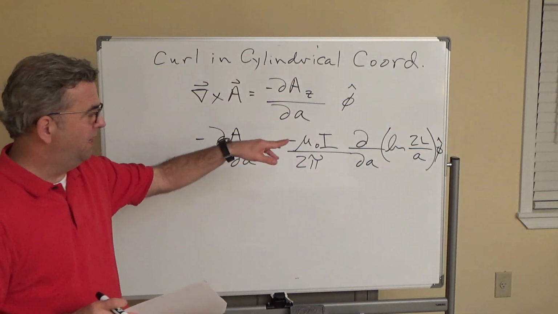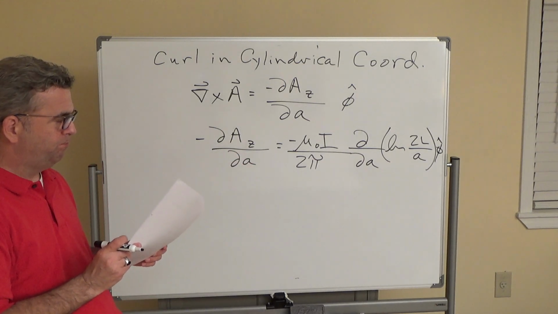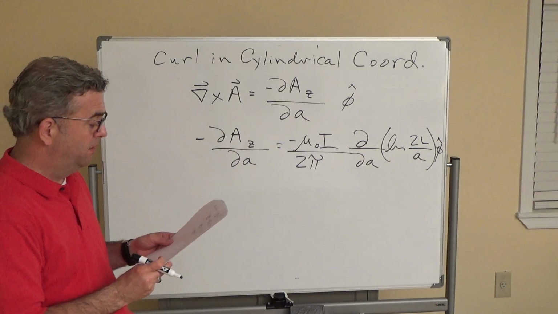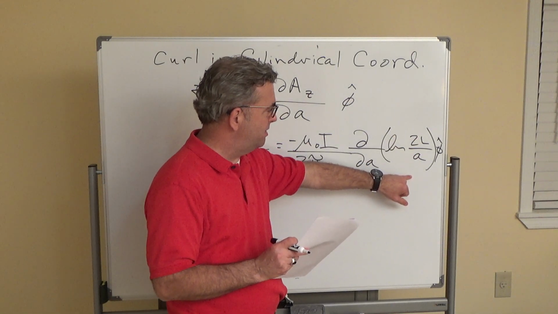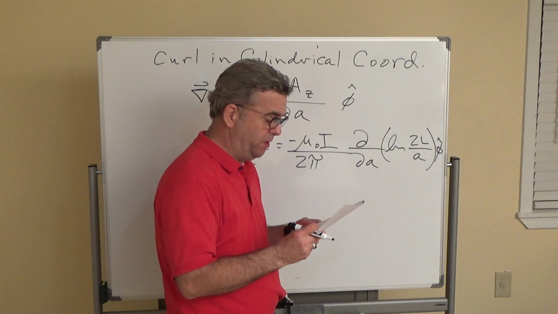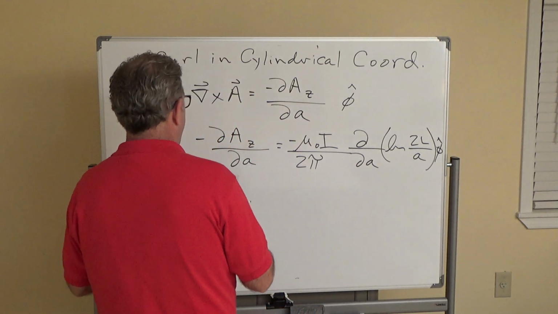I squeeze phi hat into the corner over there. Take this derivative, you get 1 over this, and then you have a 2L that you have to pull out front.